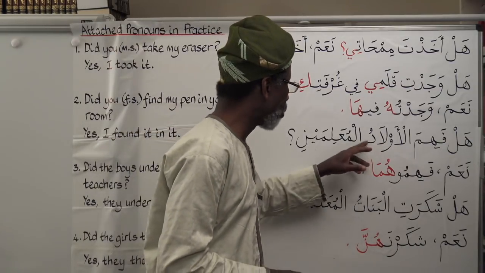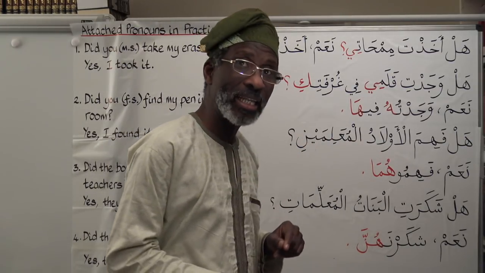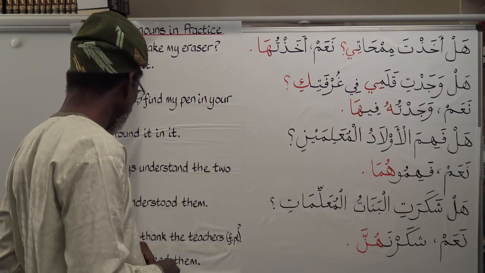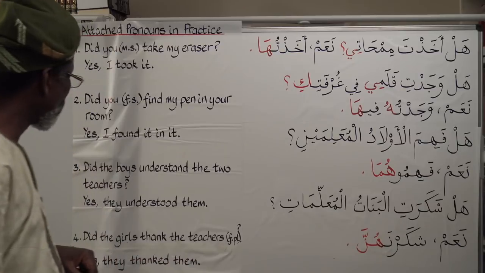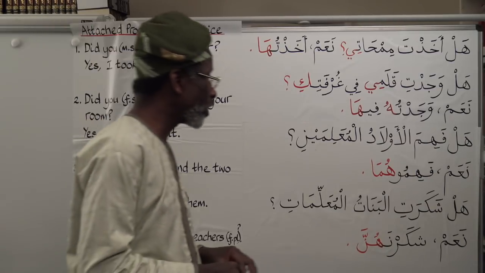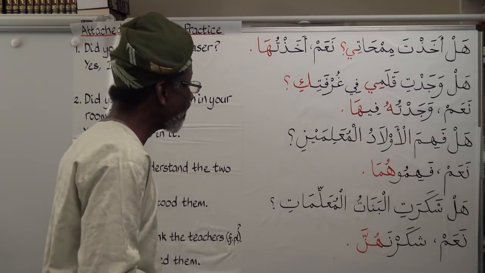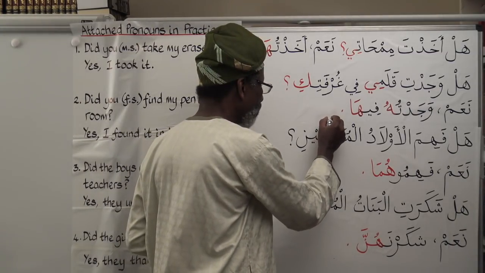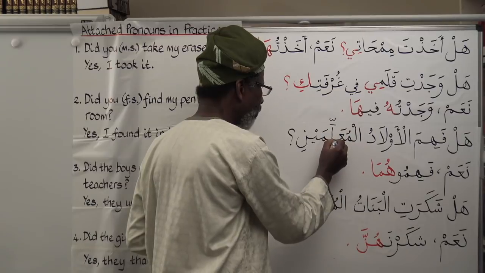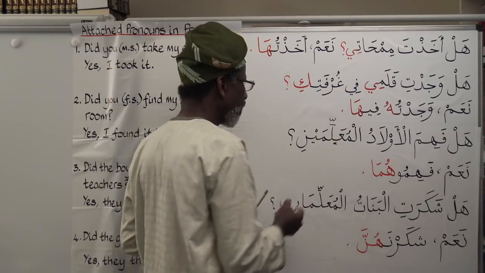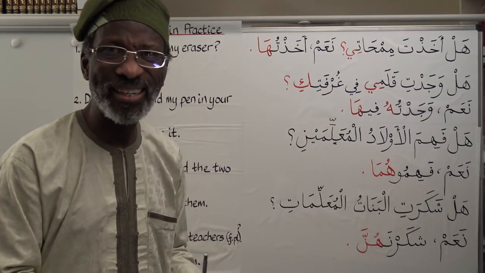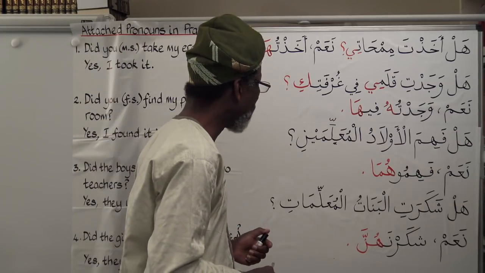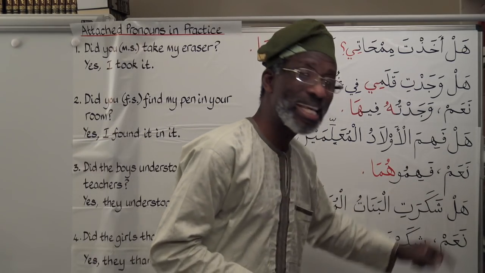هل فهم الأولاد المعلمين؟ Did the boys understand the two teachers? We can just amend this al-mu'allimaini by putting the shadda on top, and then we put the kasra underneath the shadda. That way is better. Al-mu'allimaini. Na'am, yes.